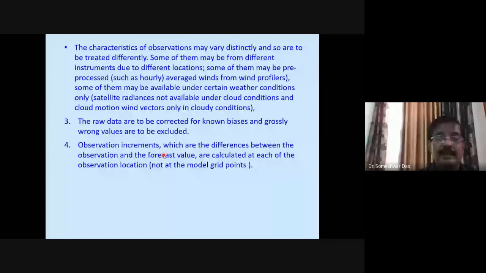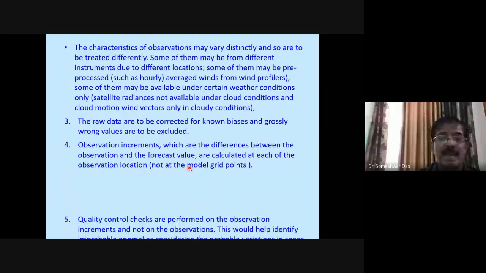So they are called the observation increments. Observation increments, which are differences between the observation and the forecast value, are calculated at each of the observation locations. We interpolate the first guess from the model grid onto the observation location, and after computing the observation increments, we again interpolate back to the model grid point.